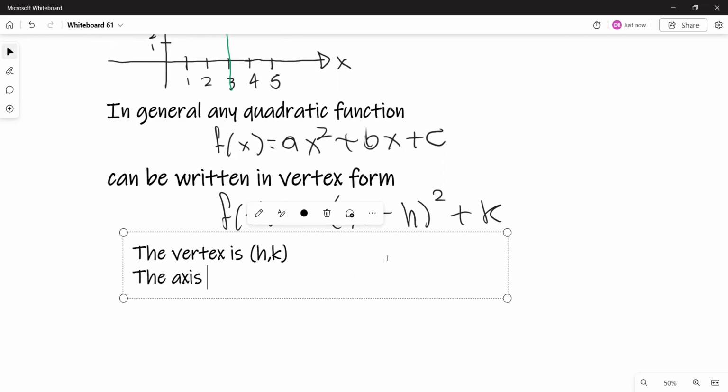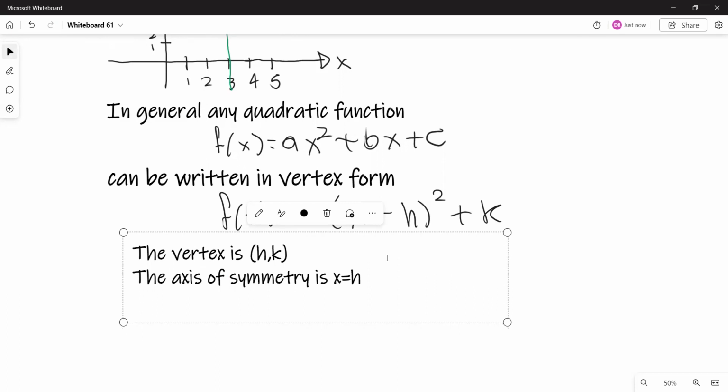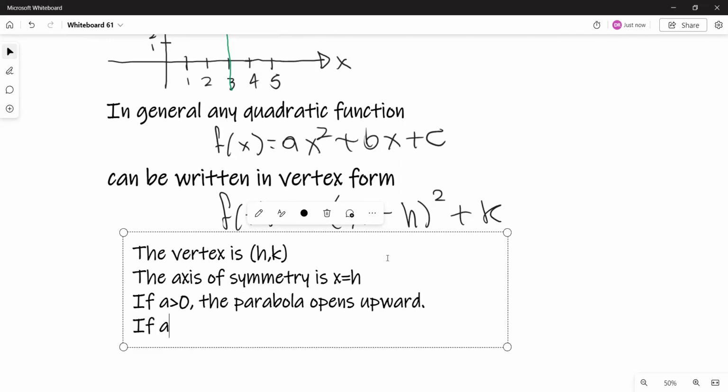The axis, or axis of symmetry, is x equals h. And if a is positive, the parabola opens upward. And if a is negative, the parabola opens downward.